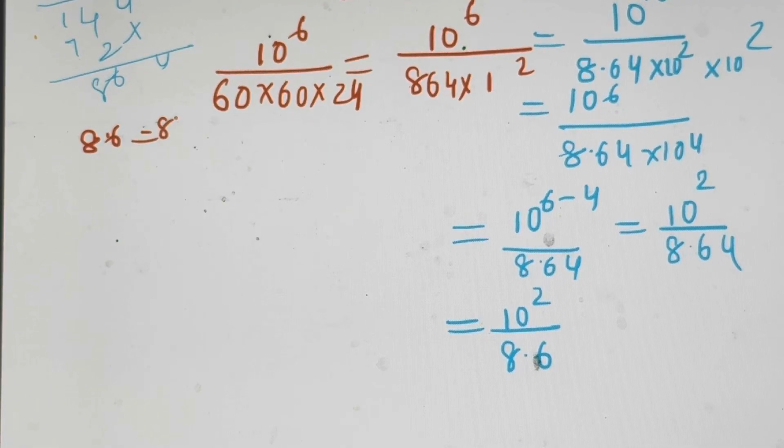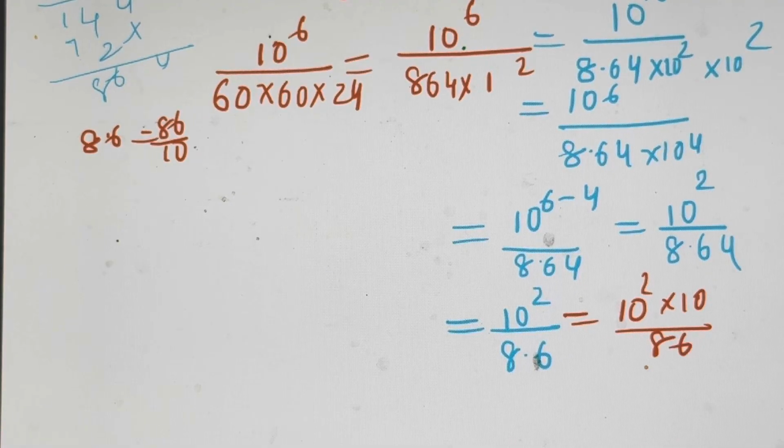It is 86 upon 10, right? Now this is in the denominator, so 10 will go up. So this becomes 10 square into 10 upon 86, right? We do this so that we can divide. 10 square is 100, into 10 is 1000, divided by 86.